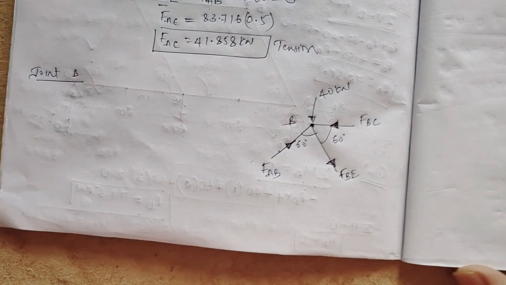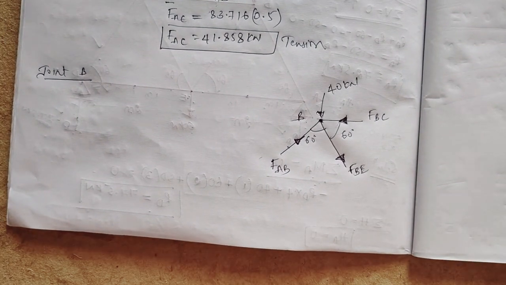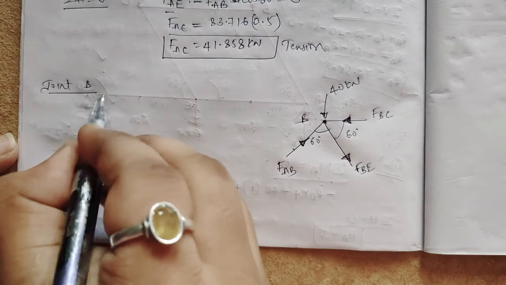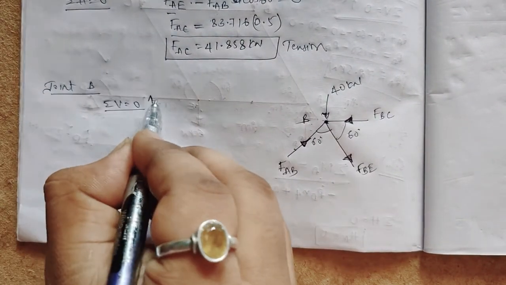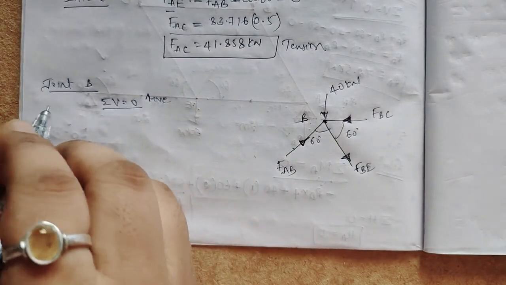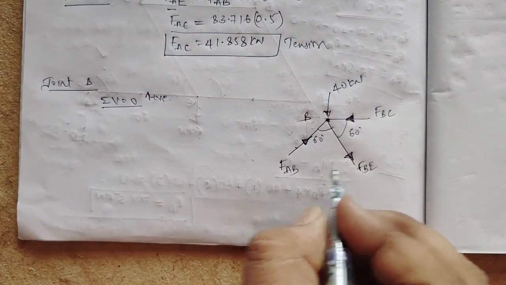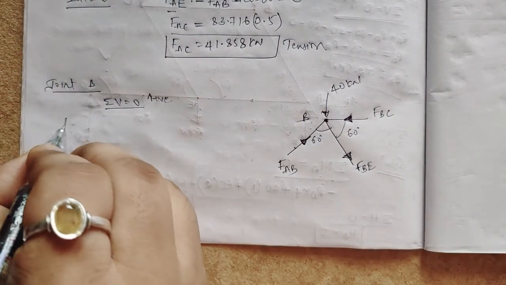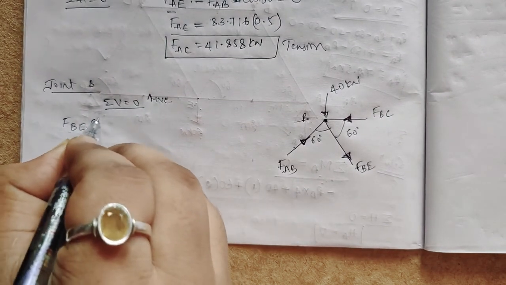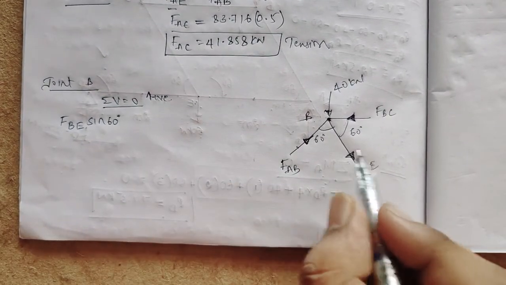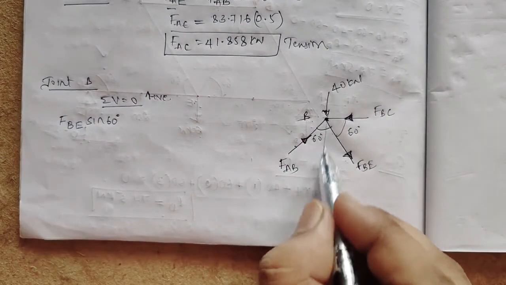Okay, now vertical force equal to 0. Summation of vertical force is equal to 0, taking upward as positive. So I will start from FBE.